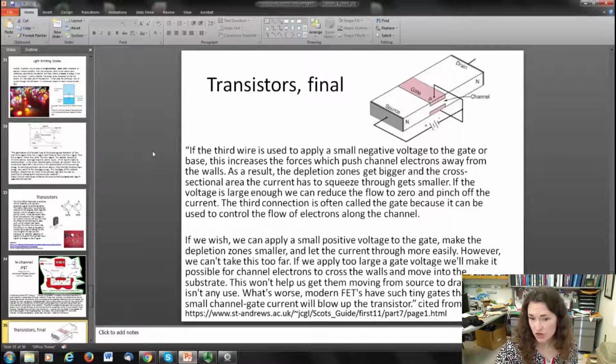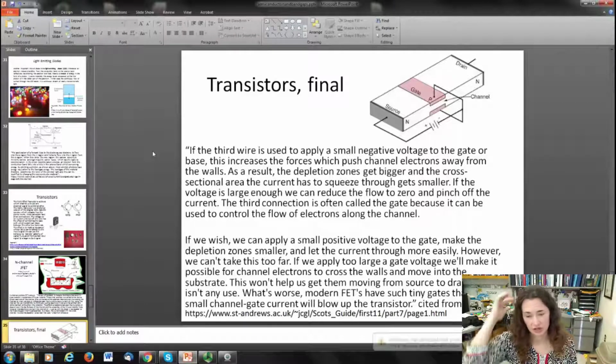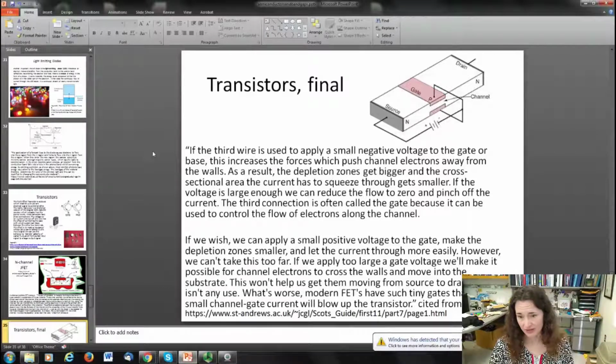And if we wish, we can apply a small positive voltage to the gate, making the depletion zone smaller and letting the current flow more easily. But you can't take it too far. If you apply too large a gate voltage, it will make it possible for the channel electrons to cross the walls and move into the substrate, and that won't help us get them moving from source to drain, so it isn't any use. What's worse, modern field effect transistors have such tiny gates that even a small channel gate current will blow up the transistor, so you've got to be careful.